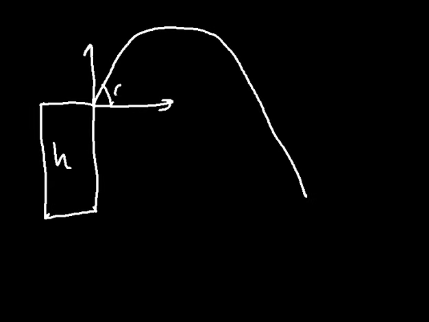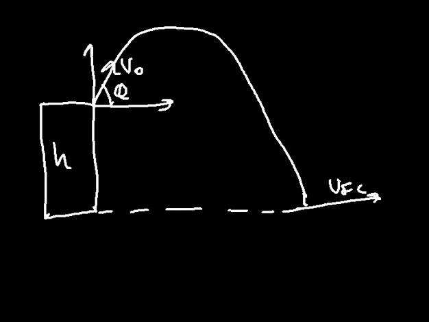Let's say this is the launch angle and this is the launch velocity. And the object will strike the ground with the final velocity along x and the final velocity along y. That is Vfy.